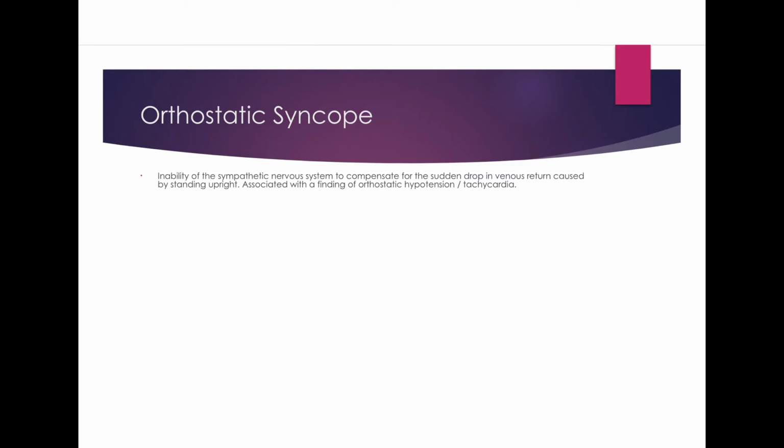It's commonly associated with the physical exam finding of orthostatic hypotension, which is a drop in the patient's blood pressure of 20 millimeters of mercury systolic or greater than 10 millimeters of mercury diastolic when they go from a supine to a standing position.